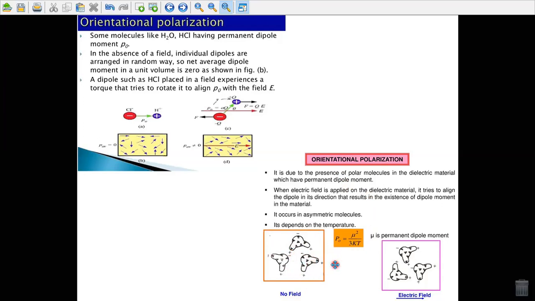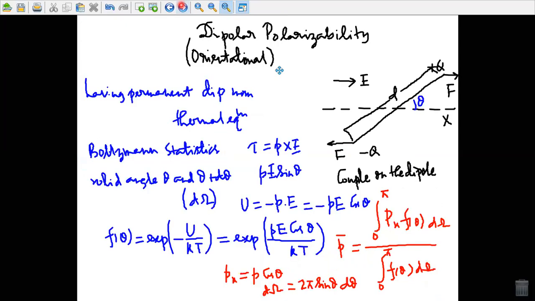That results in the existence of a dipole moment in the material, and basically it occurs in asymmetric molecules, and also depends on the temperature, as we discuss later on. Here mu is the permanent dipole moment.